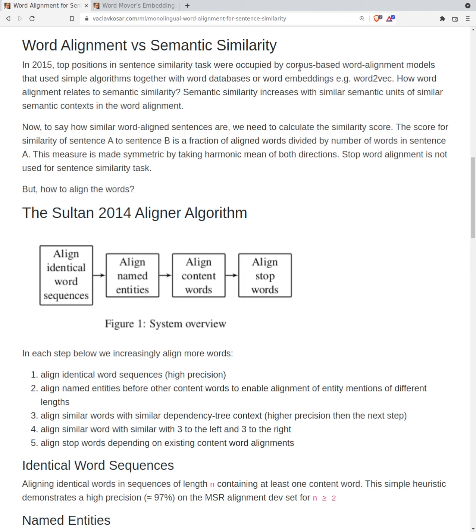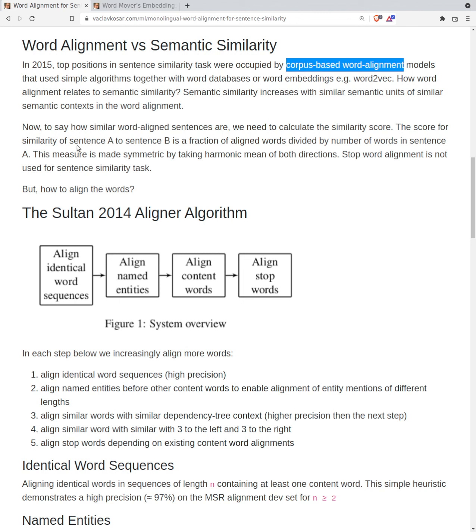Those were some corpus-based word alignments that either use word embeddings, but in case of this model that I'm talking about, this one just used a database and dependency parsing, and the dependency parsing wasn't necessary. And the database contained sort of equivalent words, the same words. This word is same as this word, this one is same as this word, right? So it just used this database, did word alignment, and some additional contextual mapping, and it sort of works.